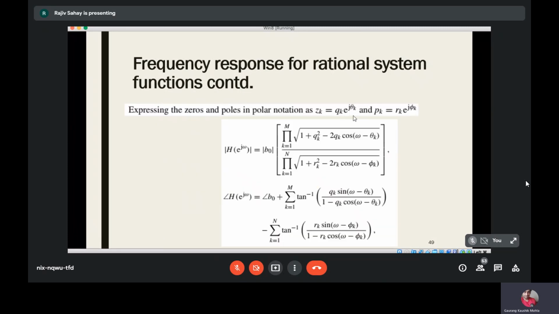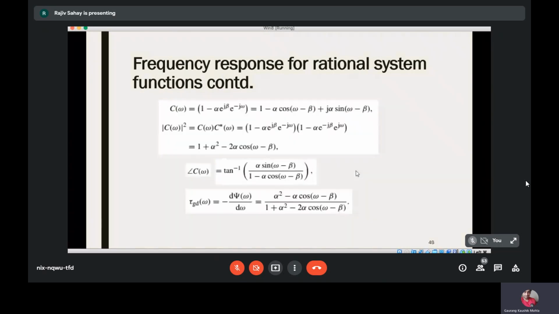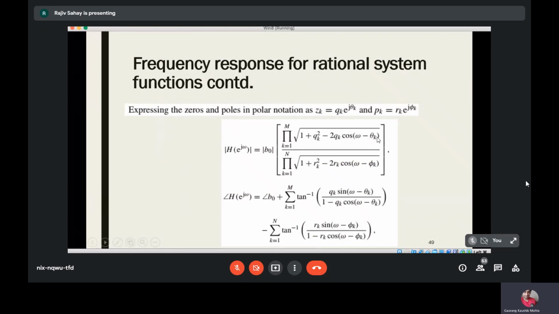So q k into e to the power j theta k is the notation for z k, the zero, and r k into e to the power j phi k is the notation for p k. So in the previous expression, here you just have to put q instead of alpha, and theta k instead of beta.